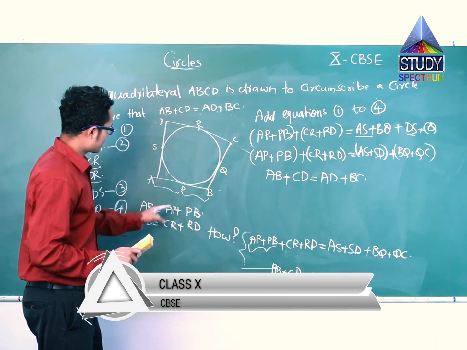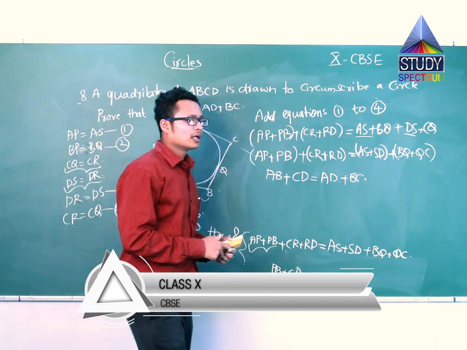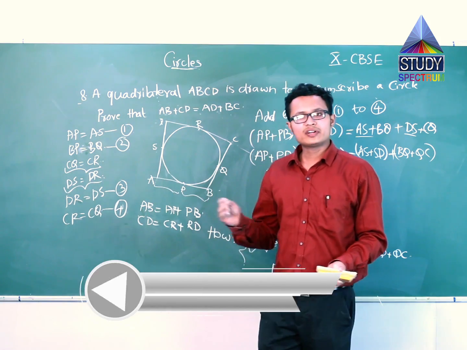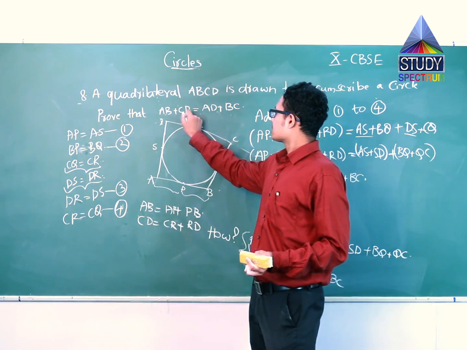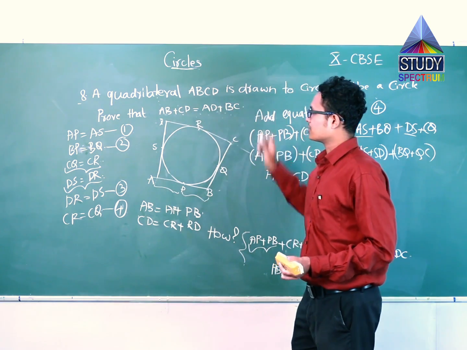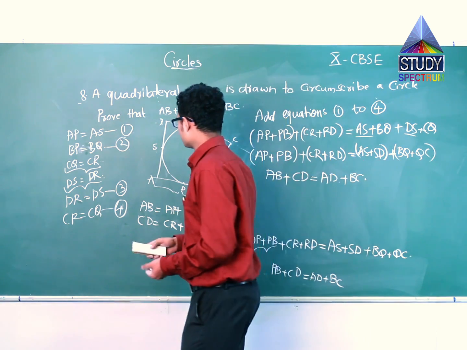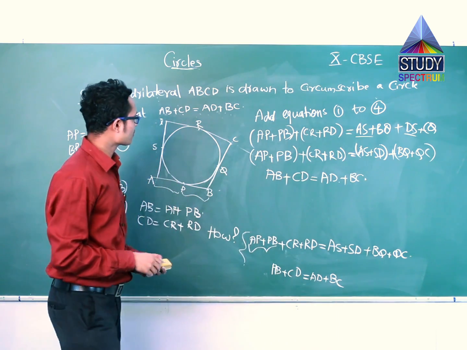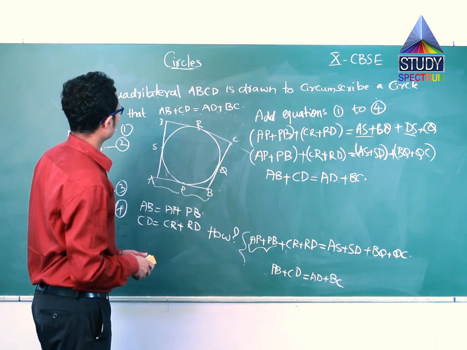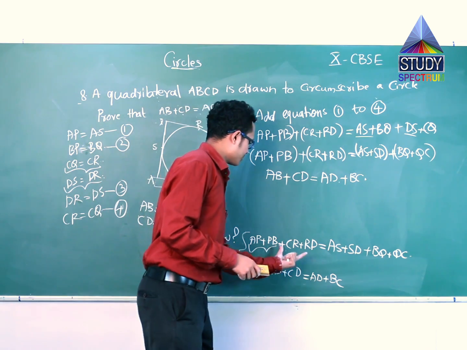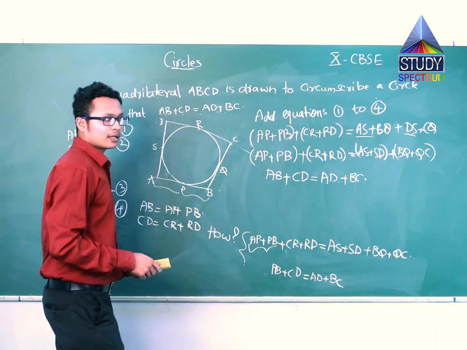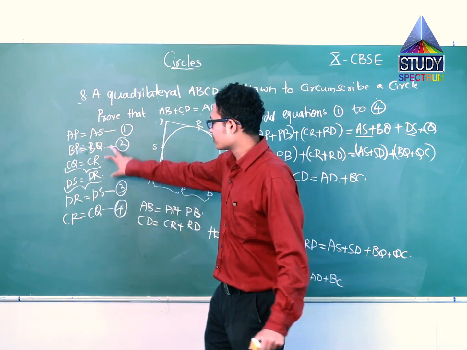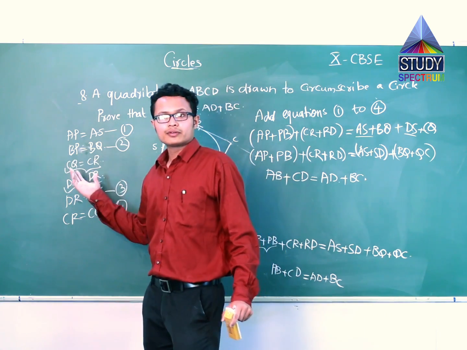Add those 4 equations, right hand side separately, left hand side separately, and adjust the equation to get the result AB plus CD is equal to AD plus BC. This is a pretty simple problem if you do it in this method. I prefer solving this problem in this method because the other might be confusing at a later point of time, where to take when and where to do what.